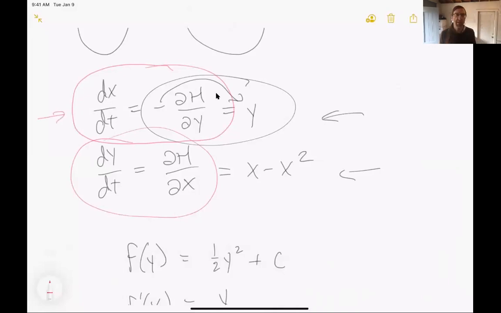And the other clue you're given is that the partial of that mystery h function with respect to x is what you're going to be given as dy dt. If you successfully find the h function based on those two clues, then you've confirmed that the system really is Hamiltonian.